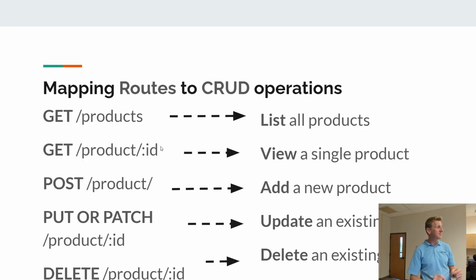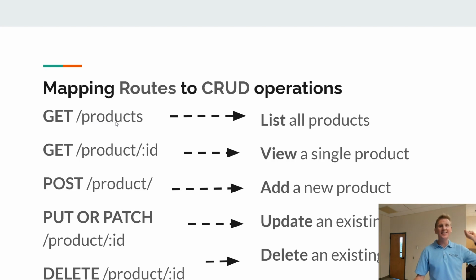In Express, you would read that by req.params.id. Remember that? req.params.id. So this :ID makes your route dynamic. This route right here, /products, is known as a static route.